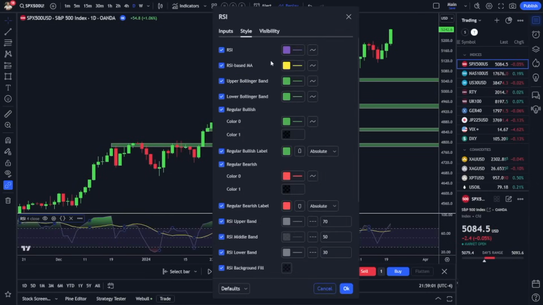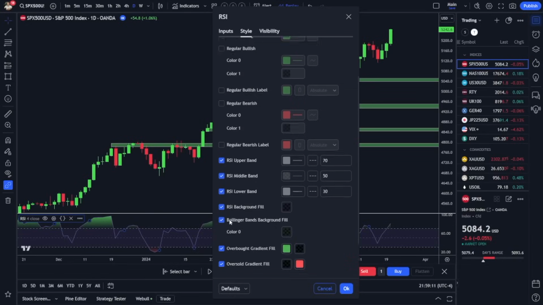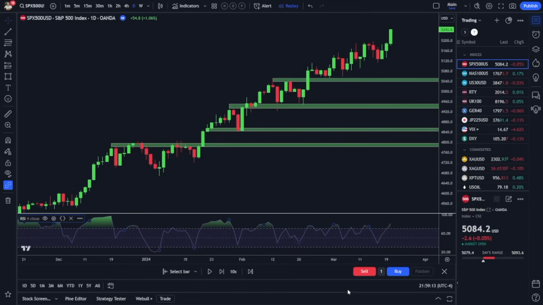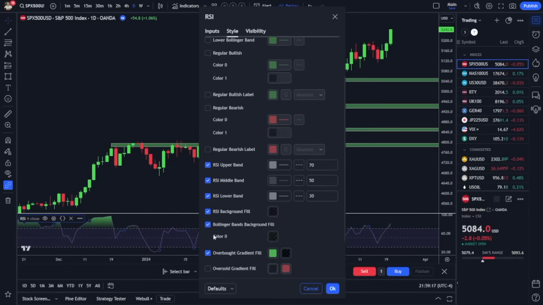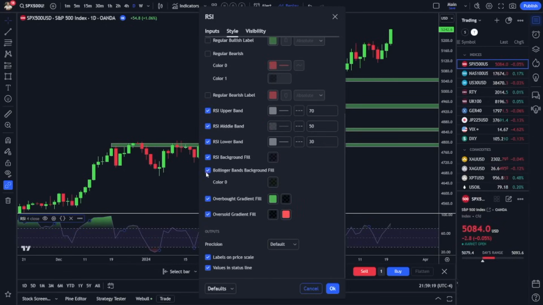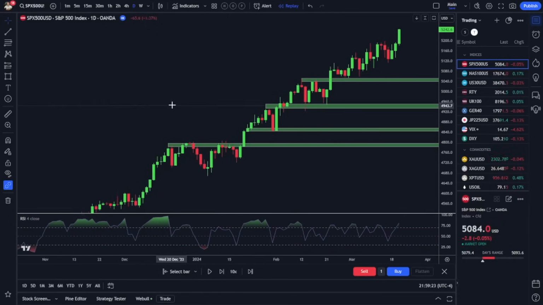This is probably a cool little tip. Let's take off a bunch of the noise here for a second. We'll keep the oversold, and we'll just remove the background. Okay, so I just did a 4 RSI.